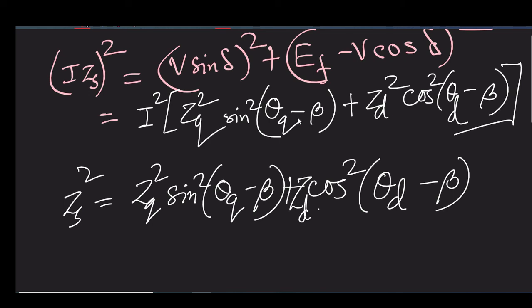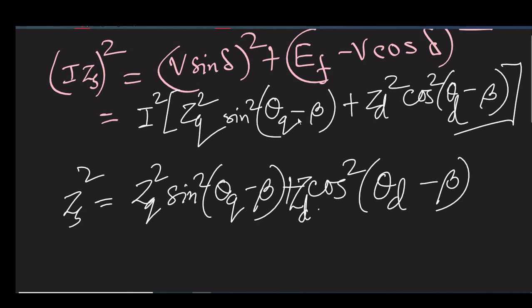So if this is the case, then what we can see is that this gives us, in polar form, the equation of an elliptical shape.